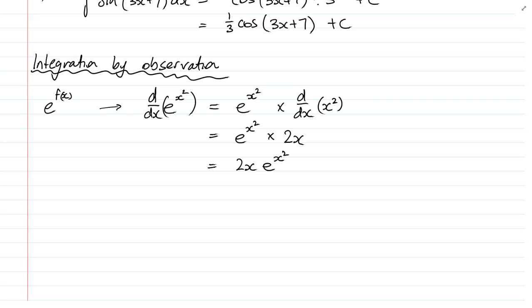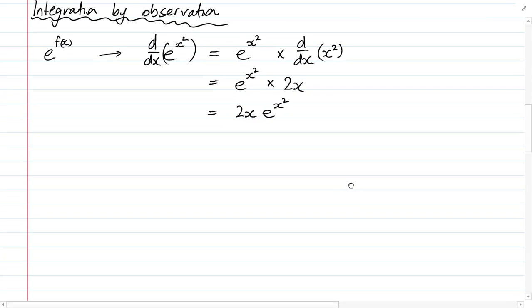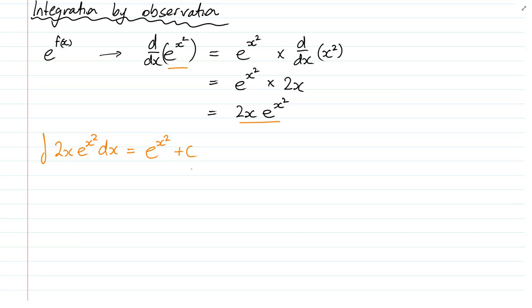Now at this stage, it'll be handy for you to recognize that because we derived to get from here to here, then if we integrate the second function, 2x e^(x squared) dx, this will be equal to just e to the x squared plus c, because deriving is the opposite to integrating, so therefore integration would take us back. But here's the more important part.